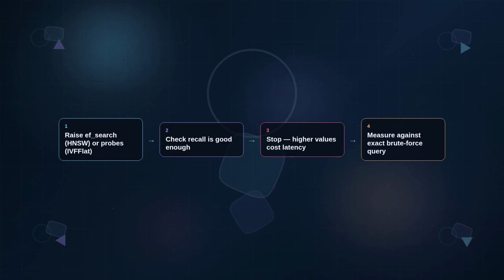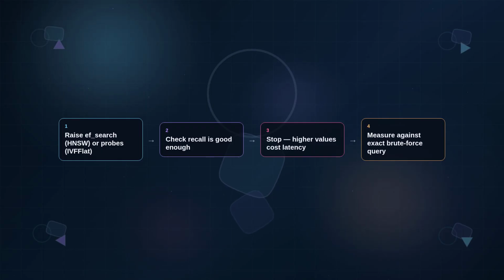Once you have built an index, day-to-day tuning collapses to a single question. How much recall do you need, and how much latency will you pay for it? Both index types give you one query time knob for this. For HNSW, it is EF search. For IVFFlat, it is probes. In both cases, the behavior is the same.